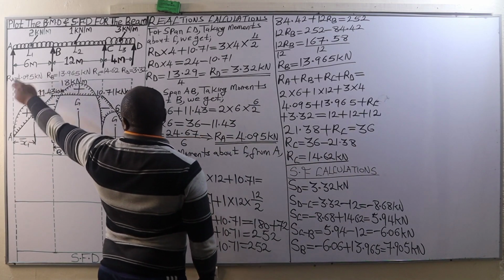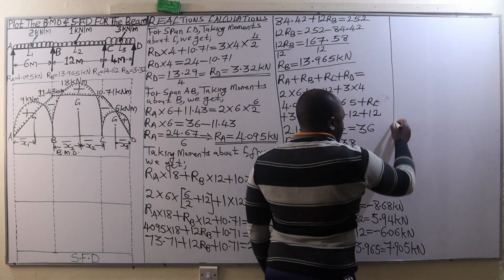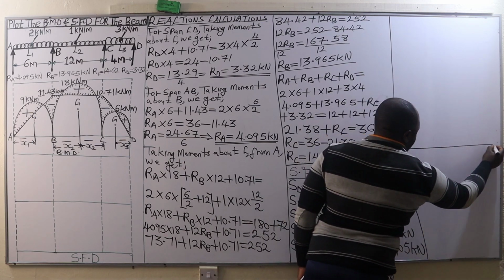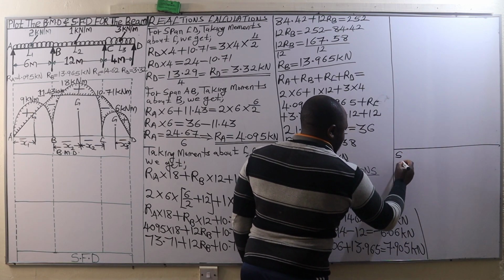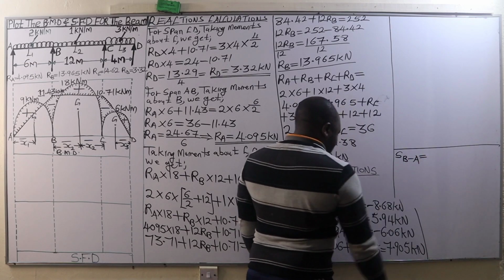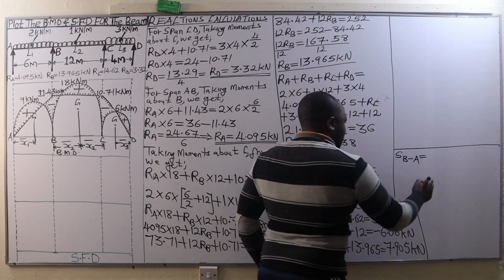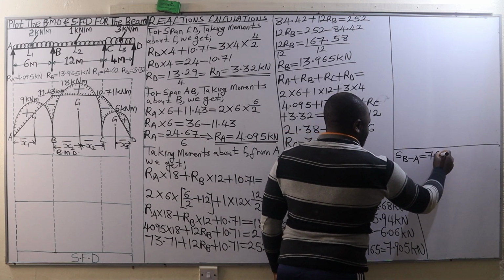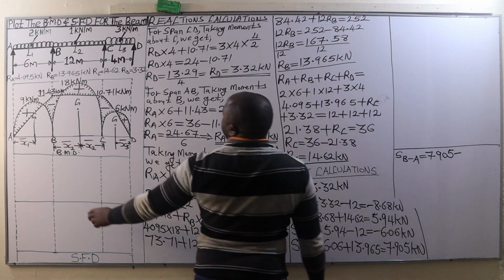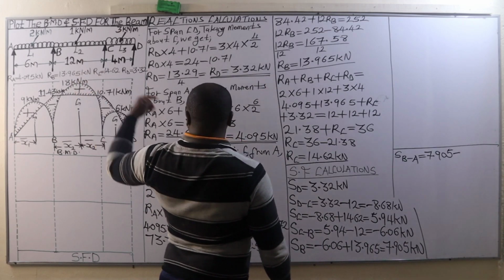Then you go to shear force between B and A. The shear force between B and A will be this 7.905. We subtract the UDL between B and A, which is 2 kilonewtons per meter.